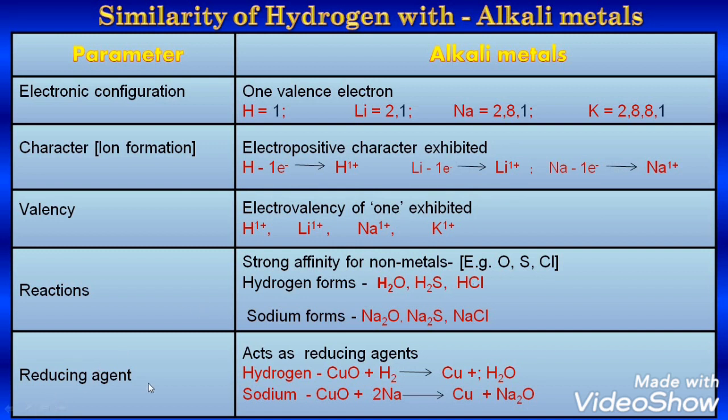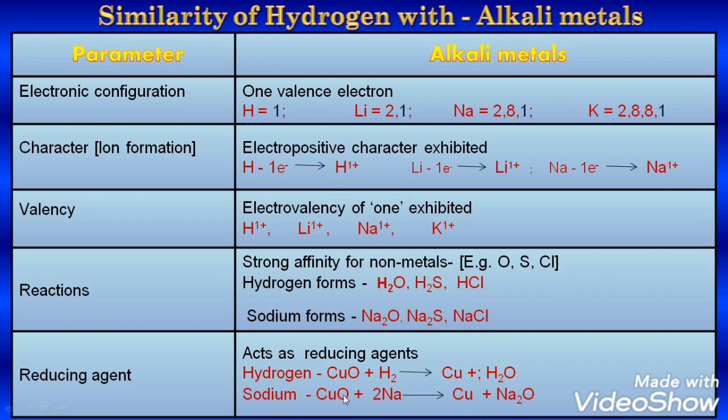And coming to the reducing agent, like the alkali metals which act as reducing agents, hydrogen also acts as a reducing agent. It reduces the metallic oxide to the respective metals. Here we have copper oxide reduced to copper by hydrogen. Similarly, the alkali metal sodium also reduces the metallic oxide to metals.